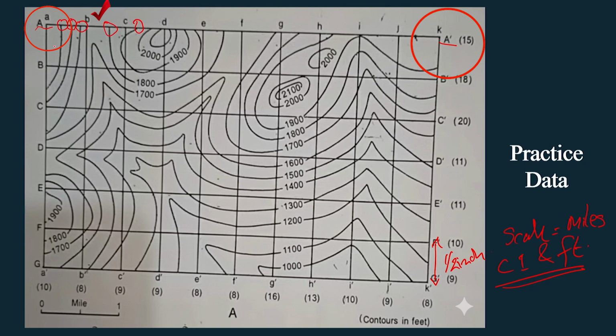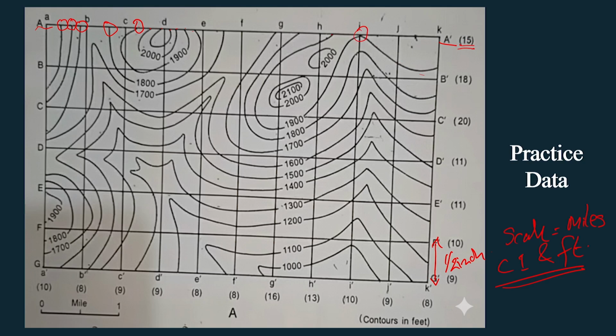So, here we can observe 1, 2, 3, 4, 5, 6, 7, 8, 9, 10, 11, 12, 13, 14 and 15. We say 15 because here it is not cutting, it is just passing. So, we have mentioned the number as 15.